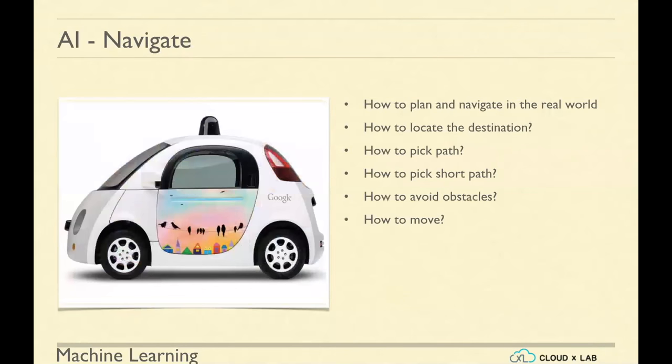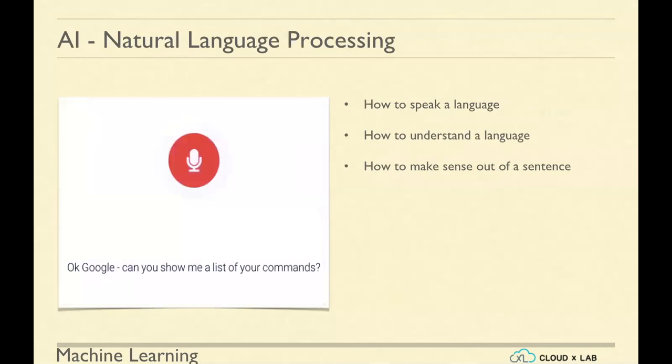Navigation is how we plan and navigate the real world, being able to move around. NLP, natural language processing, is where the computer should be able to understand the language.